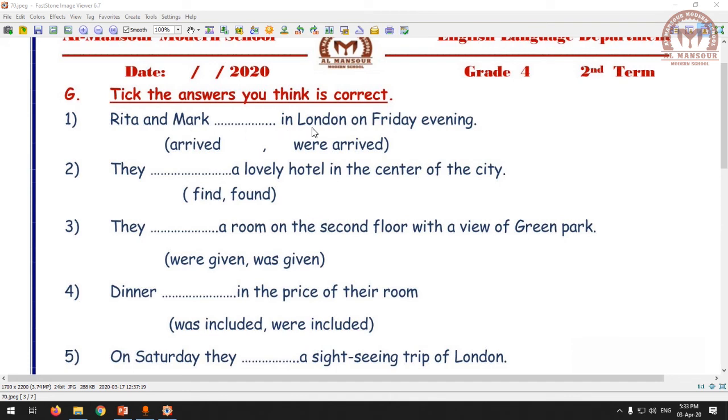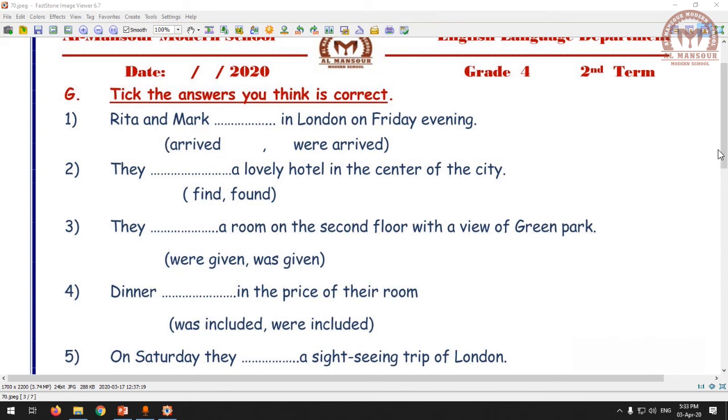Rita and Mark in London on a Friday evening. Okay. Here, he's tricking you into choosing the passive form, but it's not passive. Rita and Mark are the subjects of this verb. So we're gonna say a normal sentence. Rita and Mark arrived in London on a Friday evening. Okay? No one took them and gave them a ride. They arrived by themselves.